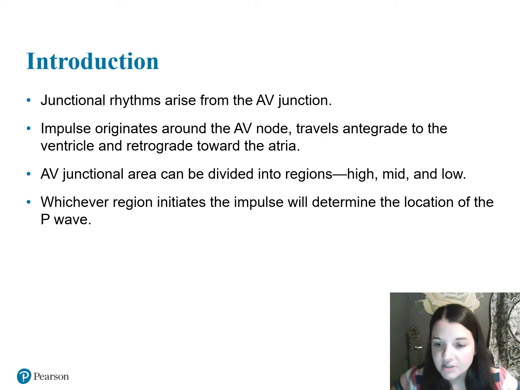When we start asking ourselves the questions and looking at these rhythms, the first thing we want to find is my spikes, which indicate my ventricles, my QRSs. And then we want to look at the shapes of our P waves, because that's going to give us a hint on whether that rhythm is coming from sinus, atria, or your AV node.